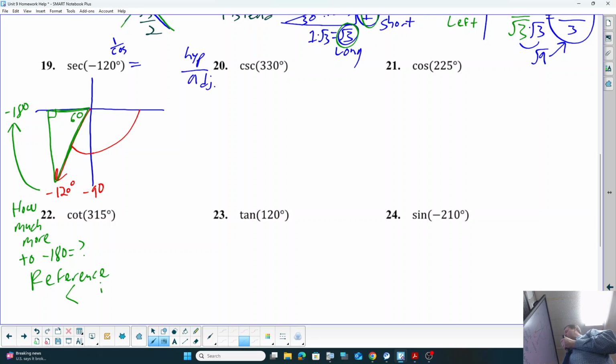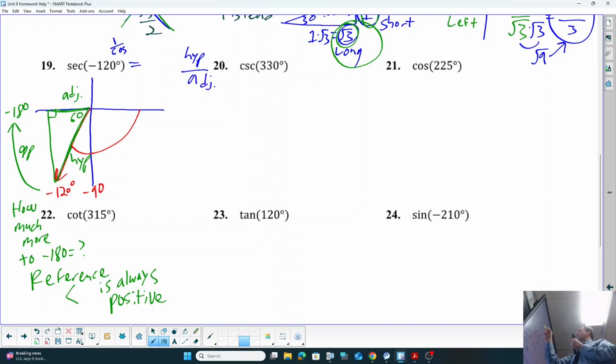Remember, the reference angle is always positive. Okay, so across from the 60 degrees is the opposite side. And then we have adjacent, and then we have hypotenuse. So remember when we're using 60 degrees, the long leg is radical 3.